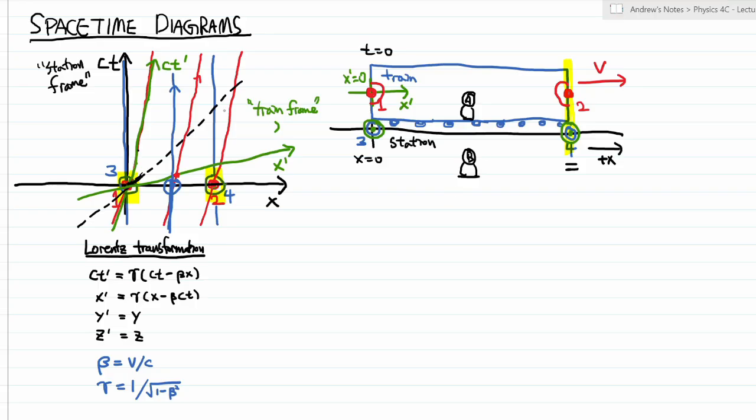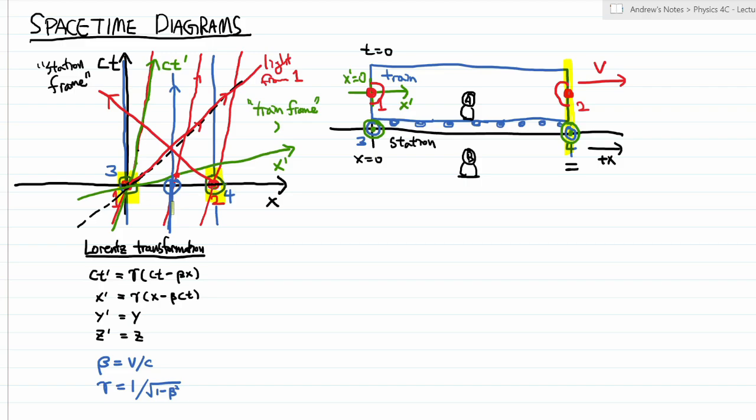Okay, let me draw the world lines of light that emanate from point 1. That's just going to be along this light world line that I've already drawn, and the light from 2 should be perpendicular to the world line of light from 1. Now, this is what happens.